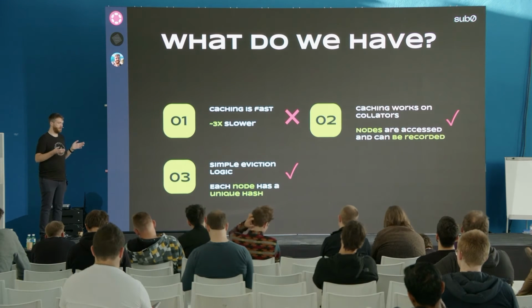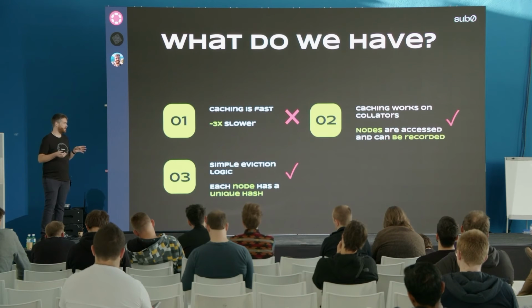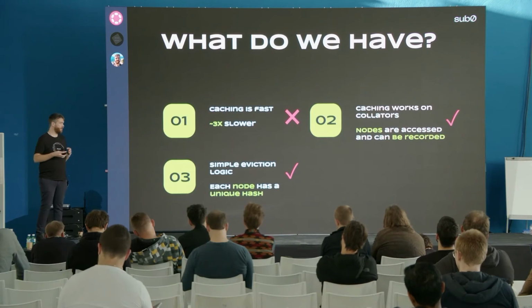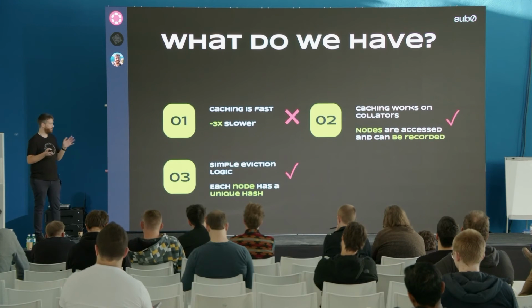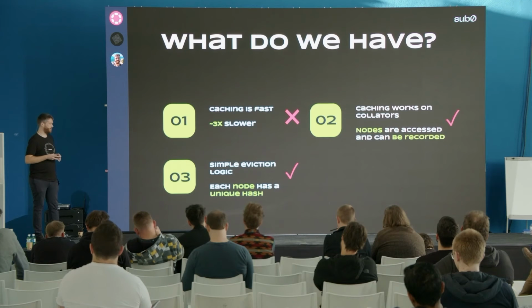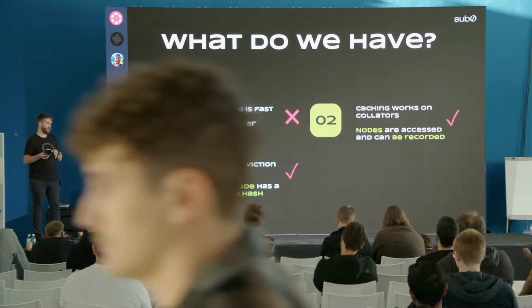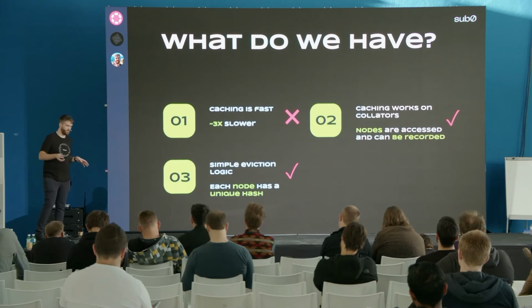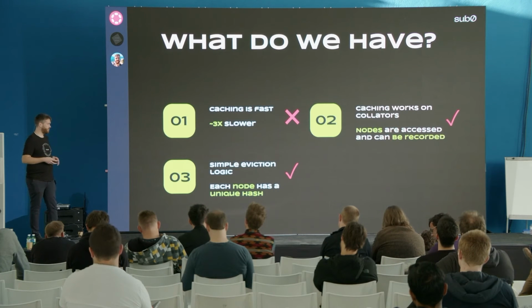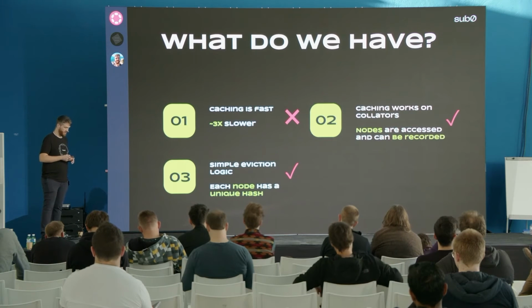We are still traversing the trie, so we can record all the accesses. Parachains are still working perfectly, or the collators with this cache. The eviction logic is still quite simple, because unique hash, 1 node, different hash, different node. Totally simple.